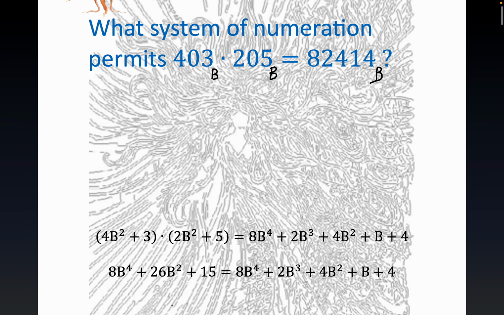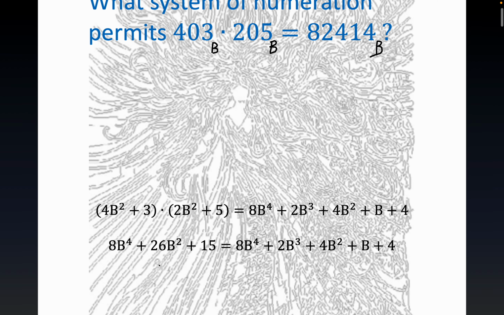Now, you can see some nice things happen right here, folks. When you expand this out, the 8b to the 4th terms are going to cancel. Well, that was by design, just to make the computation work actually.